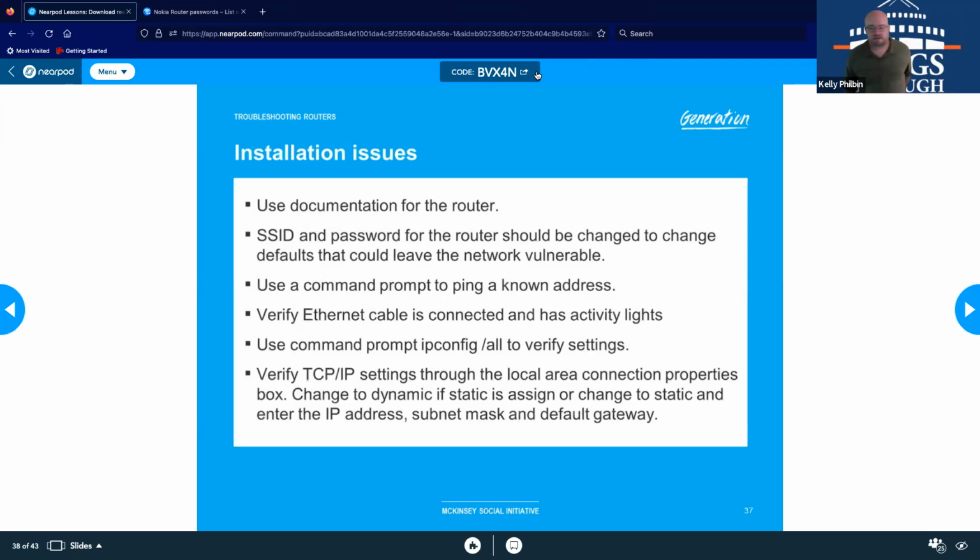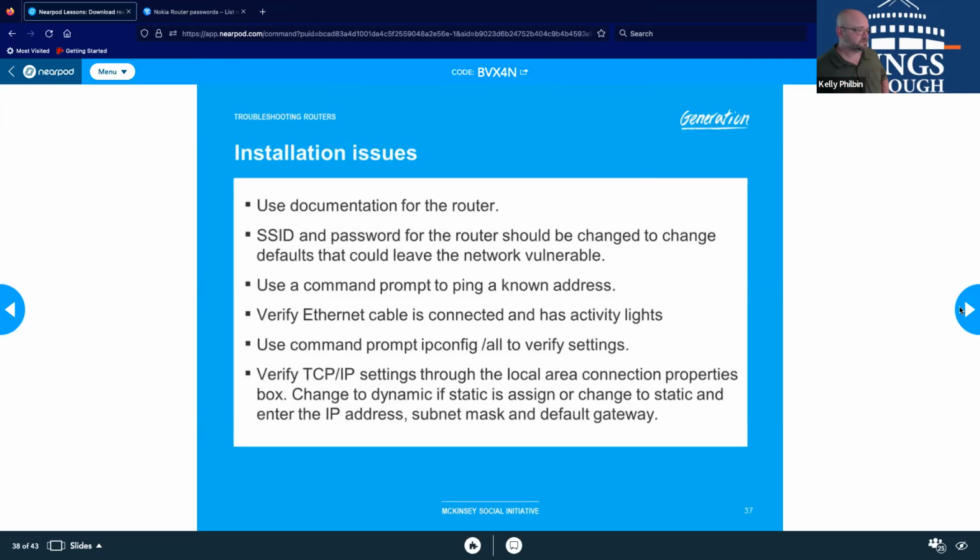To see every network connection you have, type ipconfig space /all, and that should give you everything on your computer: all your wired and wireless NICs, their connection status, your MAC addresses, and then your fun stuff from your DHCP, all that stuff.